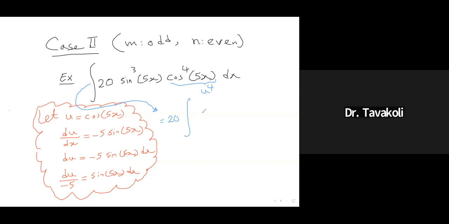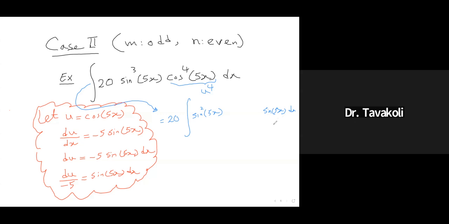So I separate one sine, so sine squared remains, and write it next to the dx. Let me make this a little bit more clear. So here, sine cubed was written as sine squared times sine of 5x.